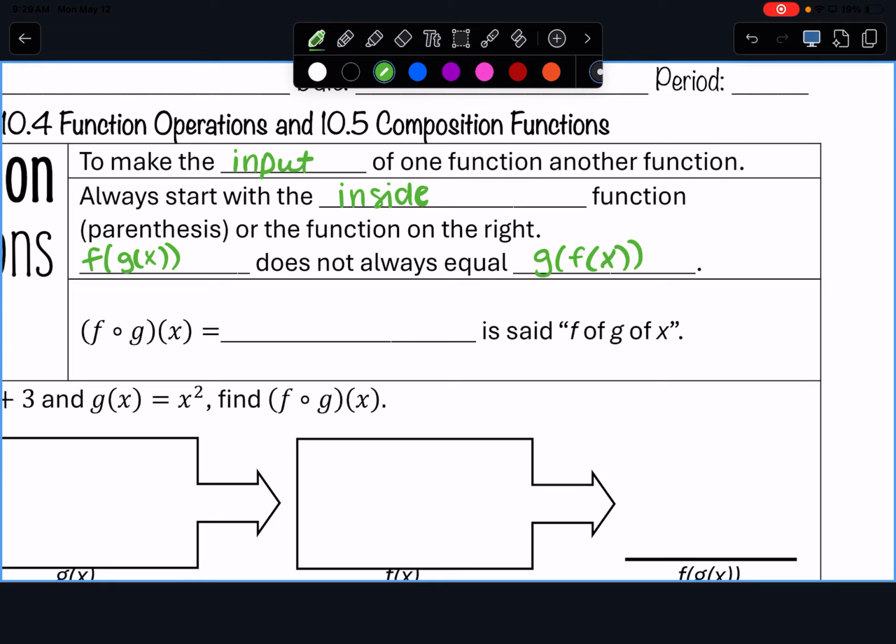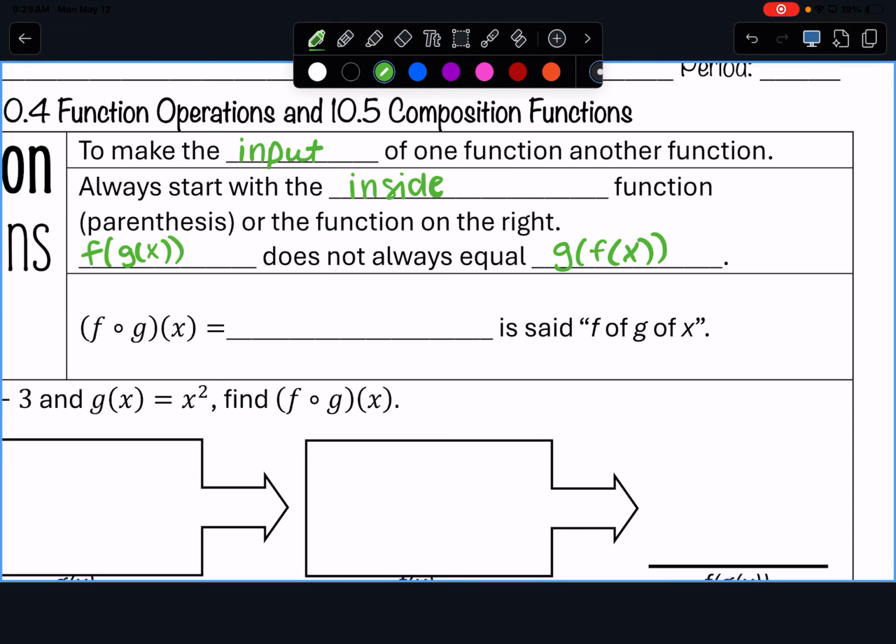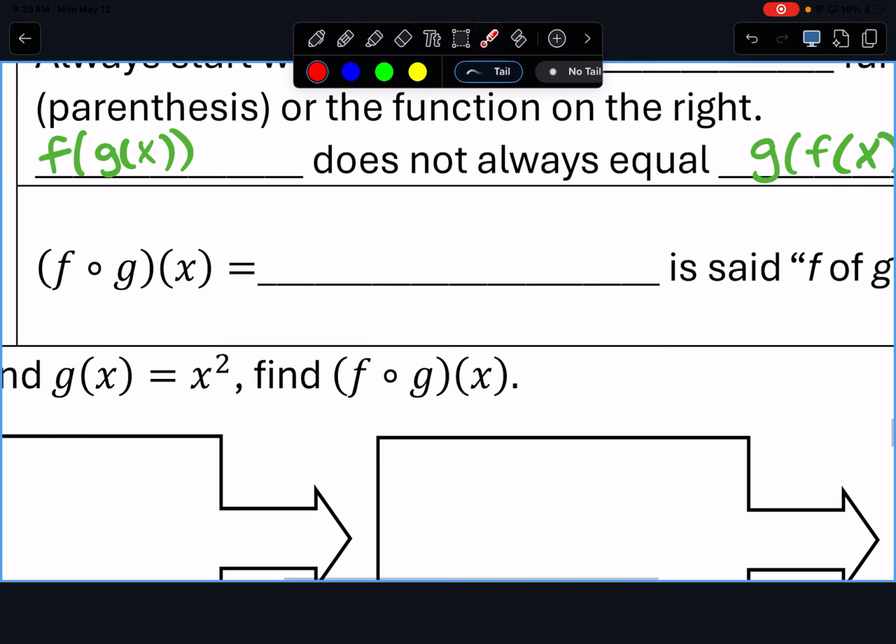A lot of times you will see it written using these symbols. You'll see how it has that little open circle there? That just means f of g of x.